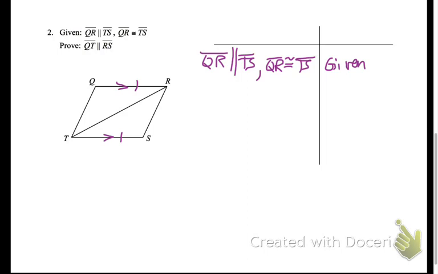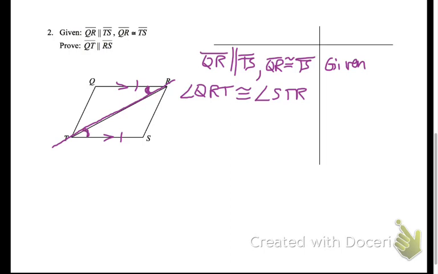Okay, well, that tells us we've got those two parallel lines cut by a transversal. So let's focus in on angle QRT, that's this angle here. That is going to be congruent to angle STR, which is this angle right here.